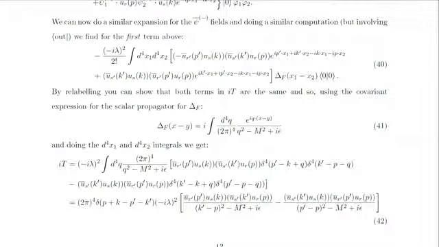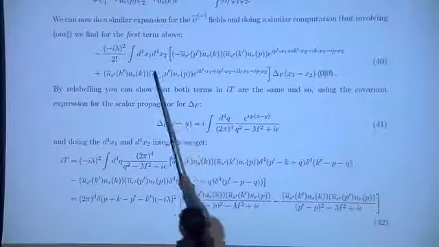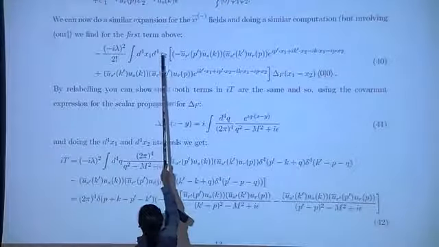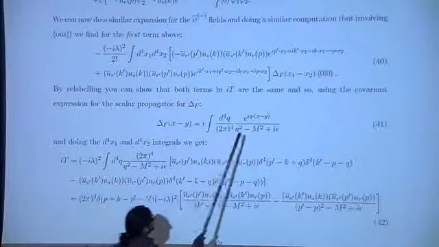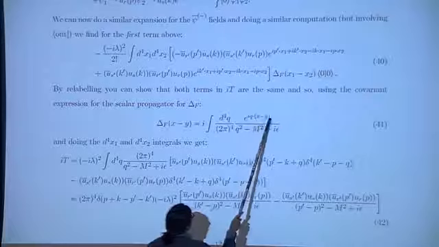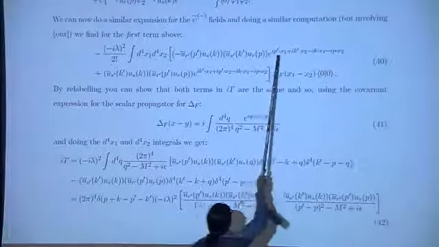So then what we can do is write this, and now we can do the dx1 and dx2 integral. And what does that do for us? See here, there's an exponential in x and y.